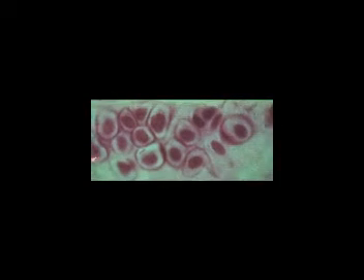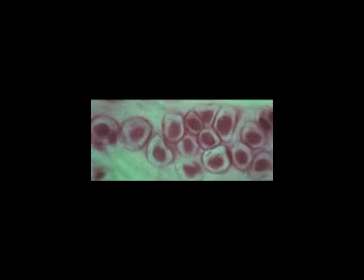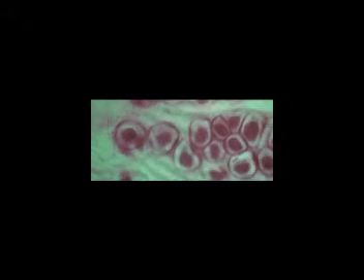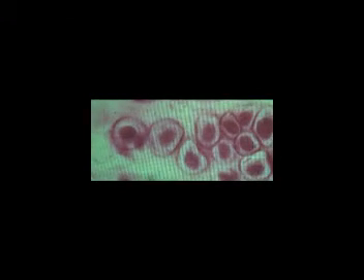Did you see what this was? Fibrocartilage. The organ was an intervertebral disc. Now notice that this structure here and that structure there is a lacuna. Inside you find a chondrocyte.